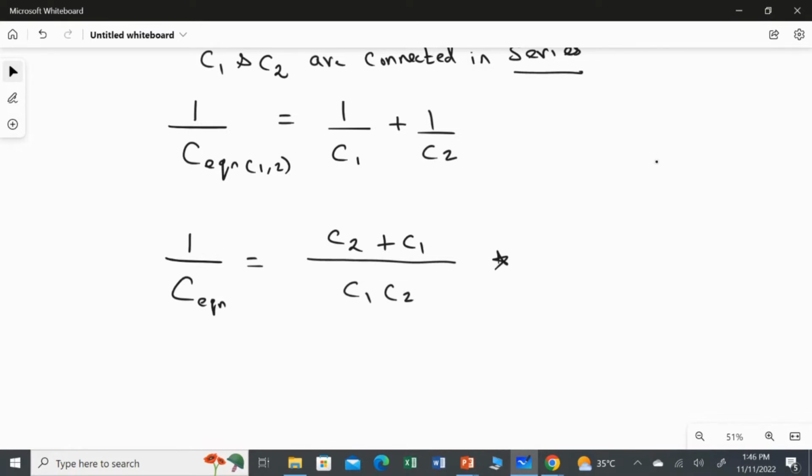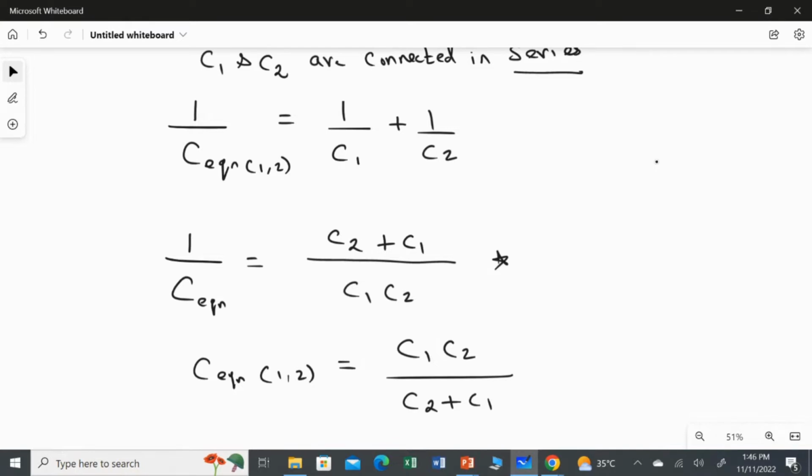Therefore, the C equivalent for capacitors 1 and 2 is the reciprocal, C1 C2 over C2 plus C1. Why did I change this? Because the question asks you to calculate only the equivalent capacitance, not 1 over C equivalent.